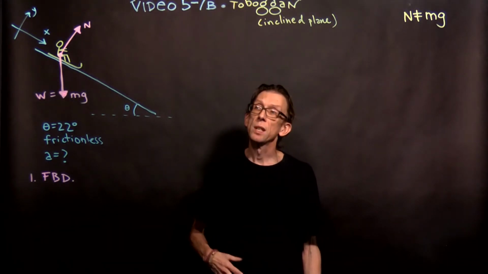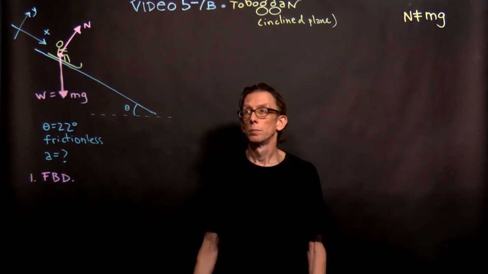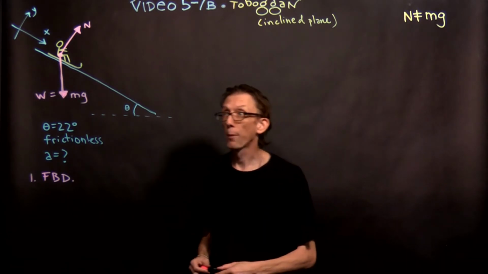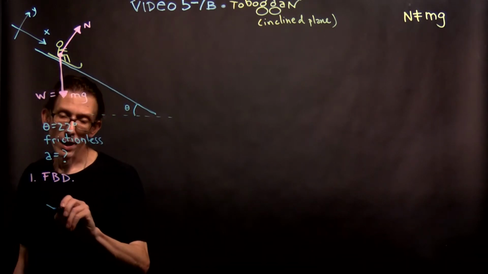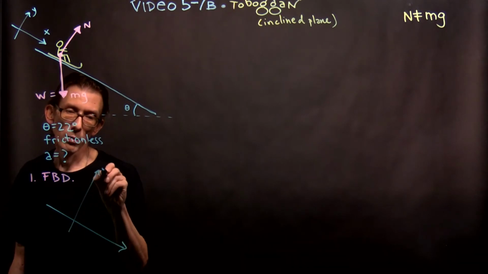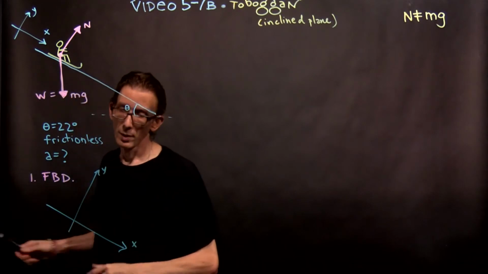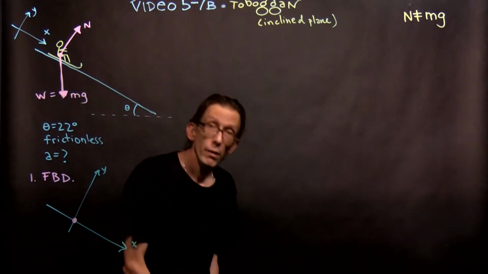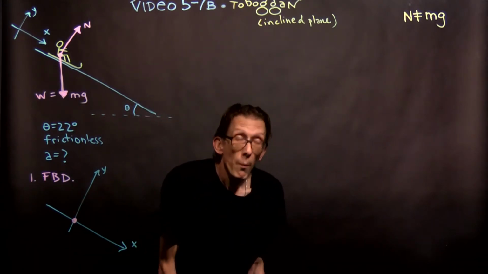Okay, so the normal force is perpendicular to the surface. So I am going to draw now down here for the sake of visualizing what's going on. I'm going to draw our x here and our y here. There's our y. There's our x. Here's our normal force. A normal force is in what direction? Positive y.